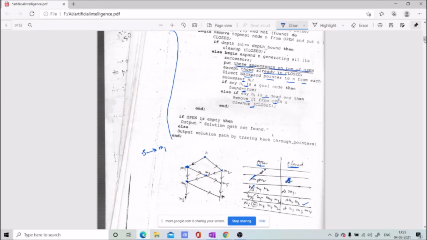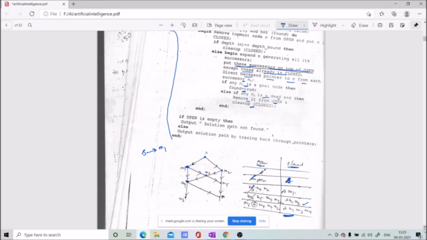From M3 we know there are M4 and M5, and again M4 and M5 are put into open, and M4 is taken out, and so on. So you have to find the corresponding path, and we are always giving a backward pointer to n from each successor. That is nothing but the algorithm of DFS.